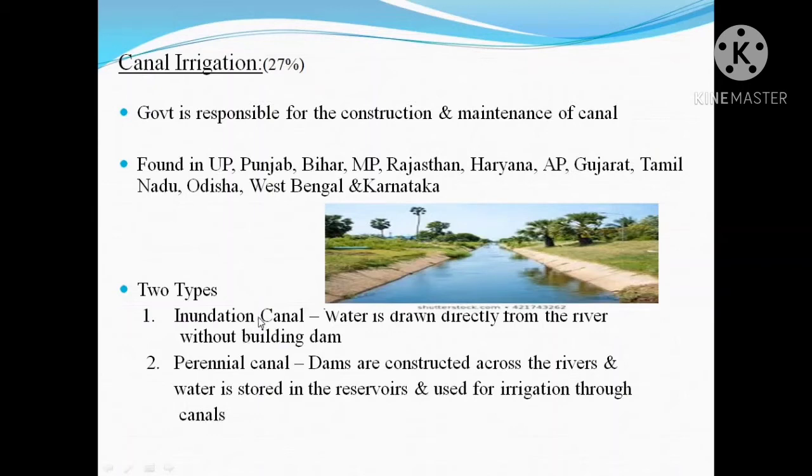In severe summer, it is not possible to get water, though actually that is when we need it. But a perennial canal always has water. Here dams are constructed across the river, and water is stored in the reservoir and used for irrigation through the canal. From the dam it is taken. So that is a perennial canal.